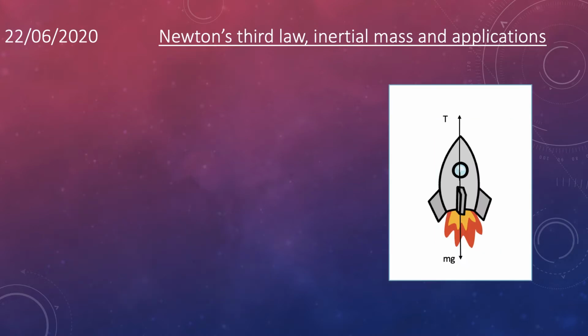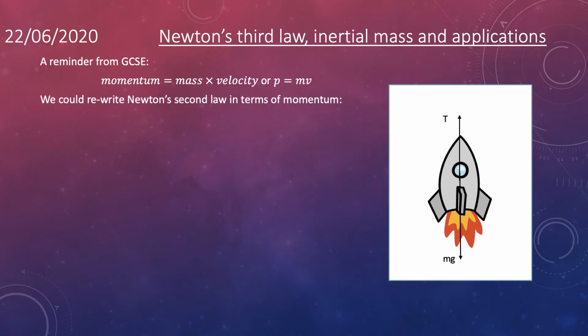Another application, rocket science. A reminder from GCSE, we could look at momentum, and we will in the next topic once we've done Newton's laws. But momentum is mass times velocity. We would say P equals m times v. We could rewrite Newton's second law, F equals ma, in terms of momentum.